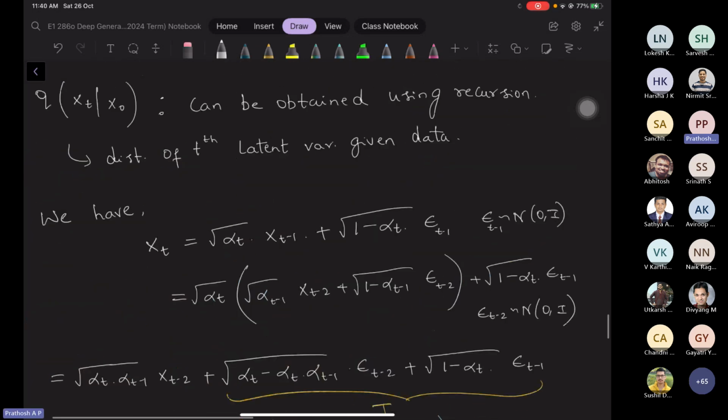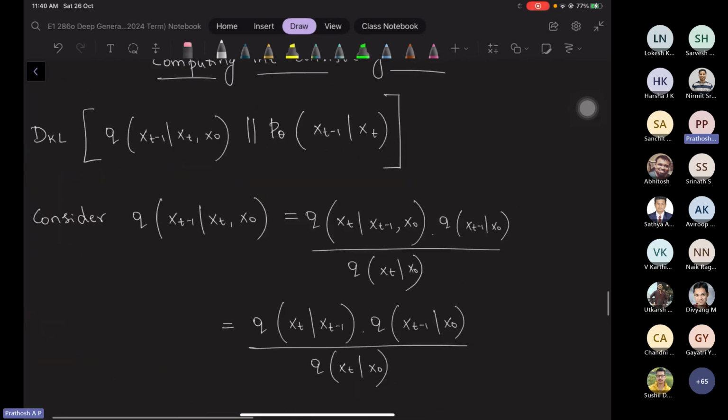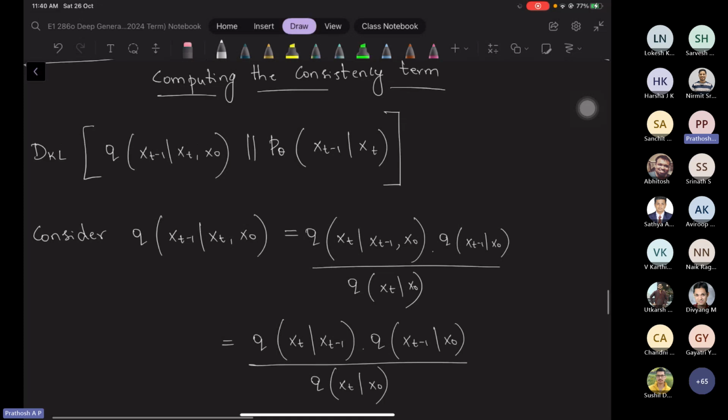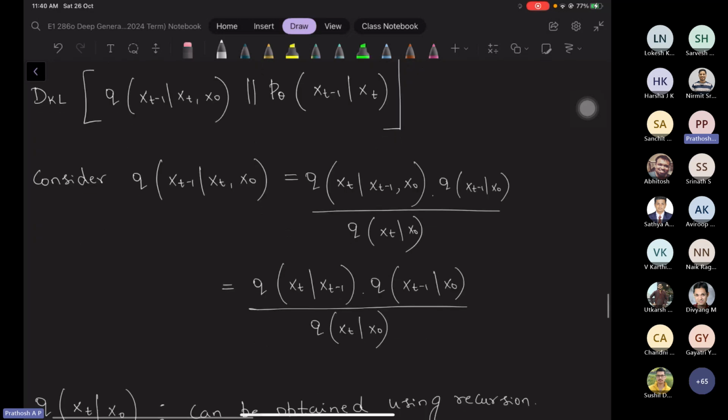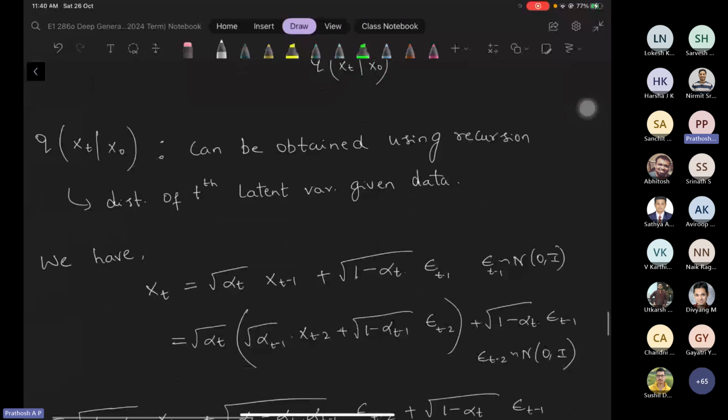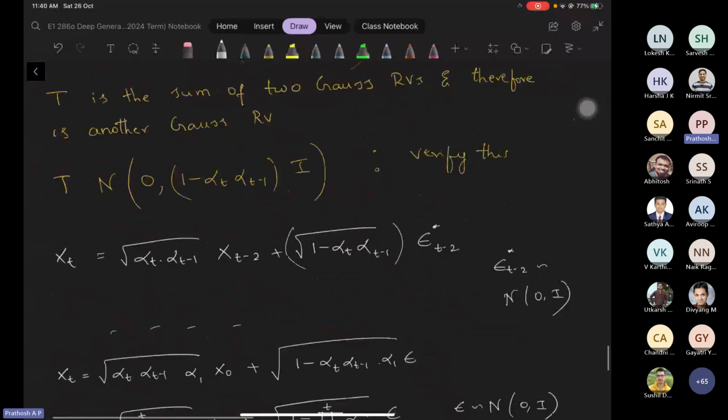You note where we came from. We wanted to compute the consistency term, and we had this known denoising term, and we used Bayes law to do that. For that we wanted q of xt given x naught, and xt given x naught is computed recursively.